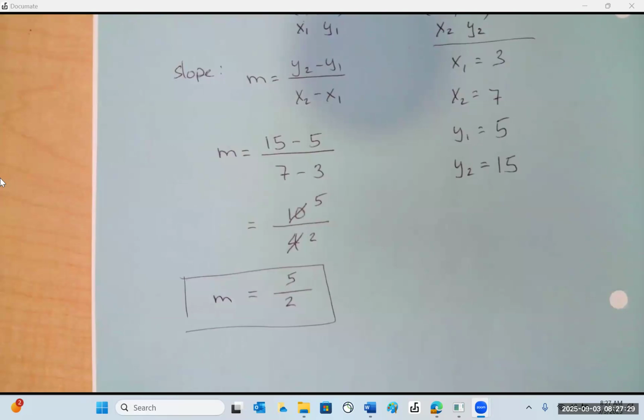Don't put it into decimal. Don't put it in percent. Leave it that way. Because remember, what is a slope? How do you define slope? How do we first define slope in words?